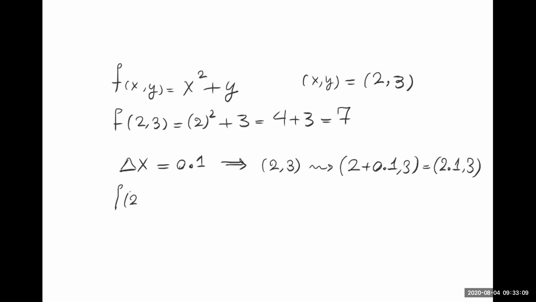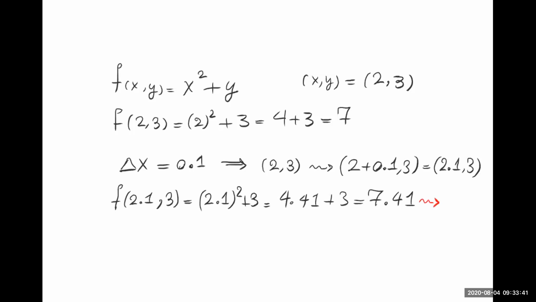F at this new point, 2.1 and 3, is equal to 2.1 squared plus 3. What is 2.1 squared? It's equal to 4.41, plus 3, it's 7.41. So the amount of change we would see in the value of f is 0.41. That's how much it has changed, right?